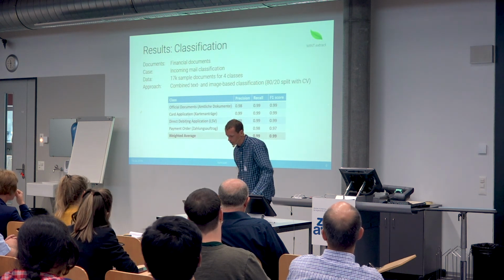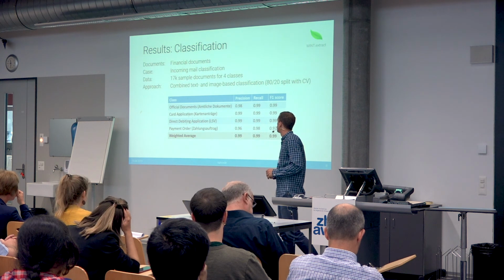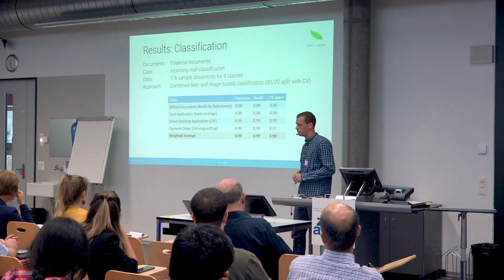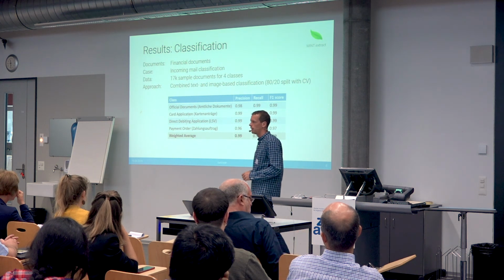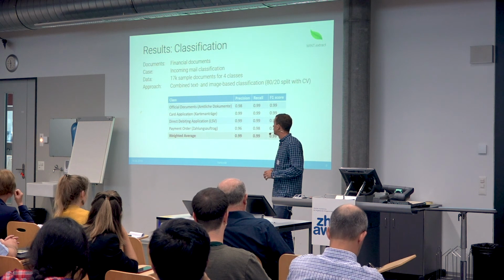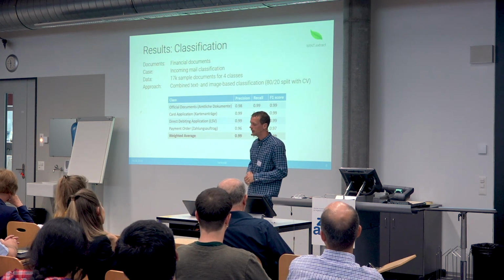Now I want to talk about the results that we achieved. And all the results that you see here are coming from real world cases. So here it was documents from a financial institution in Switzerland.